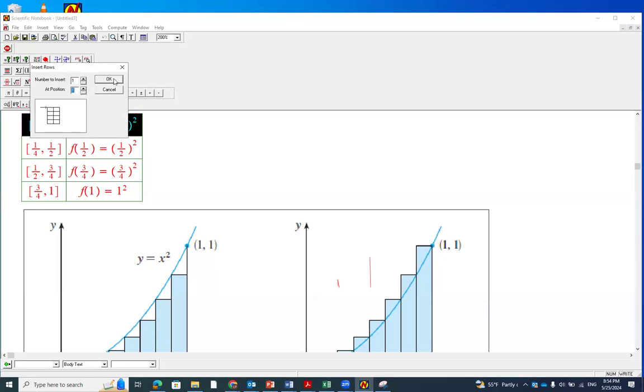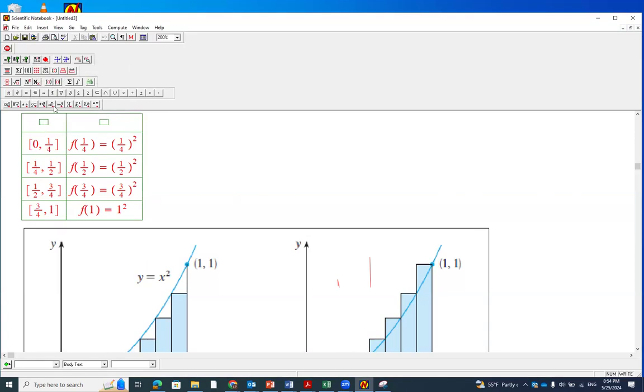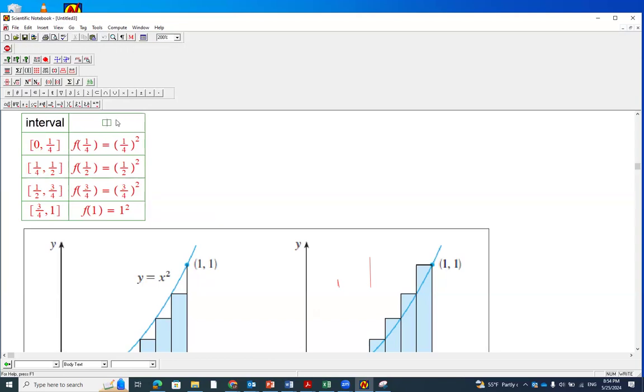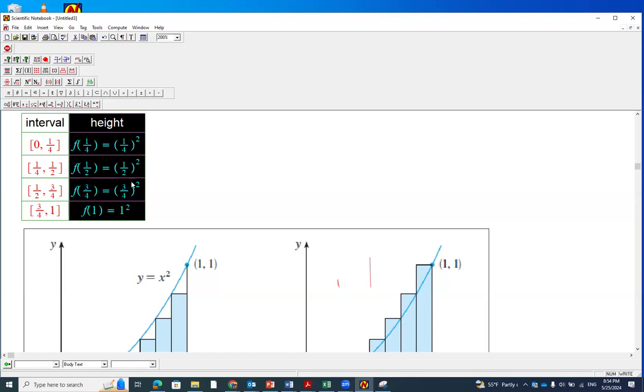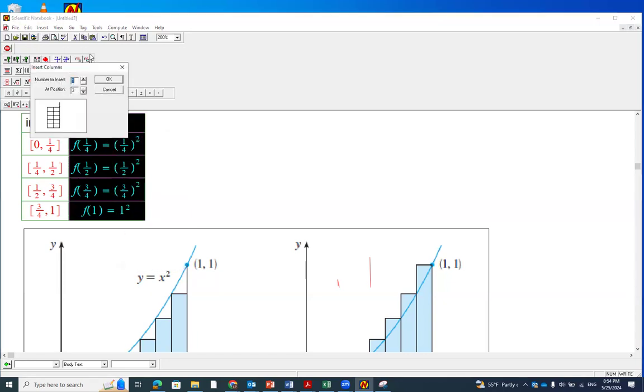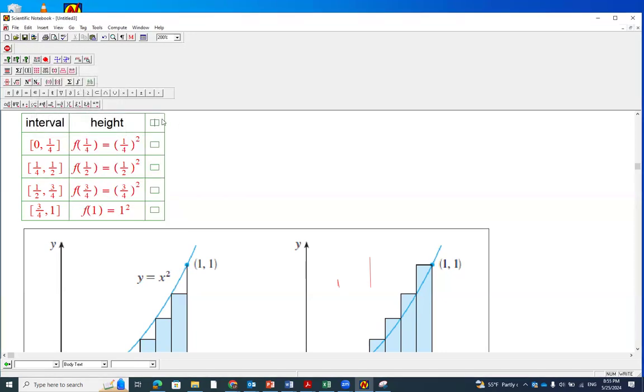This is the interval, and that is the height of the rectangle. And what is the area of each rectangle? We have to talk about the width of the rectangle.